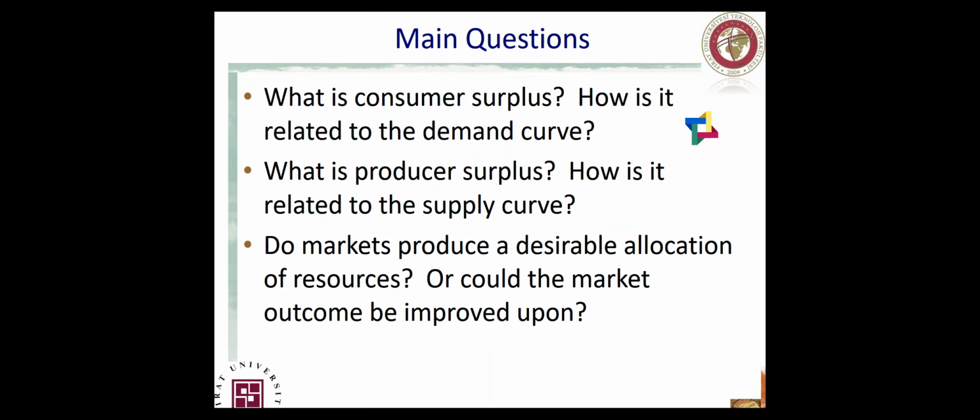The main question we will address is whether our markets on their own are efficient or not, or whether there is any way we can improve the market if it is free?